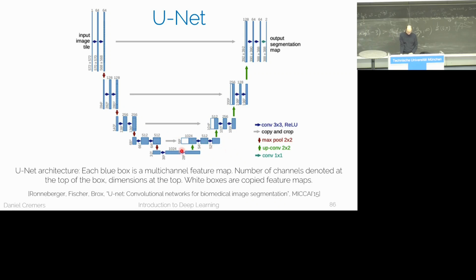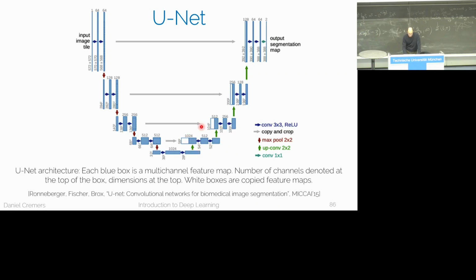Because then what happens is that you have up convolutions here that go back to the original size of the image, the same resolution as the input. But the clever thing is that you have what's called skip connections here. So you combine the upsampled version from down here with the original version that you append here, right?